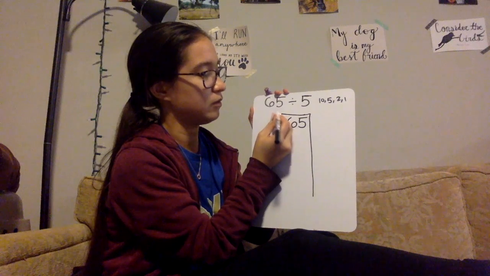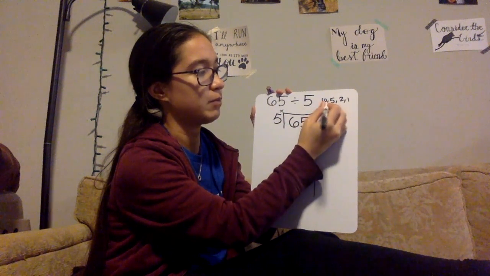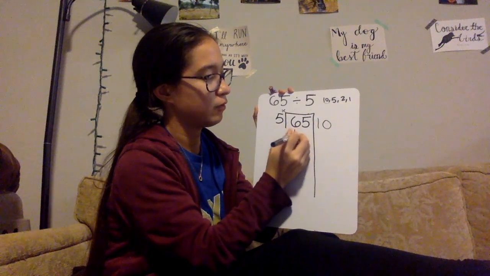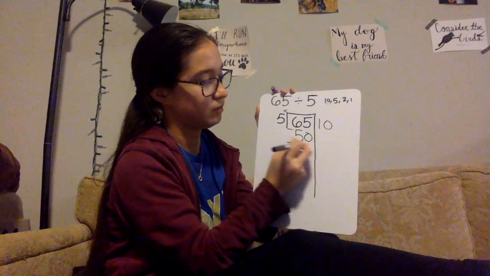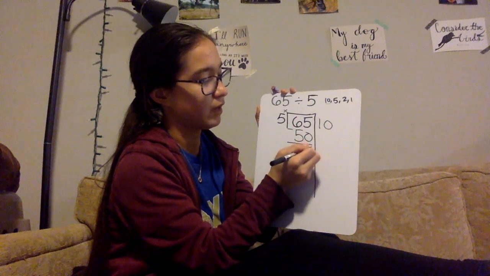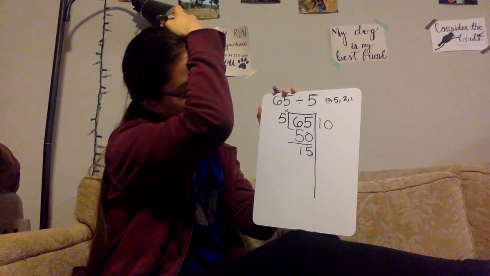Okay, so I'm going to do 5 times, I'll start with my biggest friendly number, 10. 5 times 10 is 50. Then I'm going to subtract down, and I'm going to get 5 minus 5 is 0, or 5 minus 0 is 5. 6 minus 5 is 1. 15.